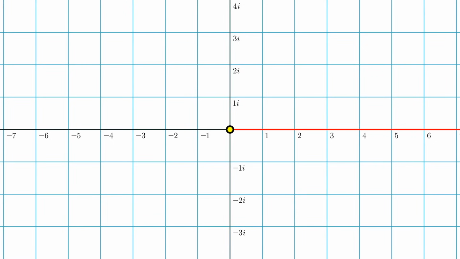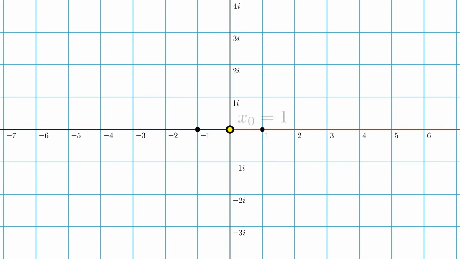Again, I want to stress we're not really thinking about what it would mean to take the natural log of a negative number. We're just looking at the shape of the graph that's forced by the rigidity of this complex function. So let's try and figure out what the natural log of negative 1 is.